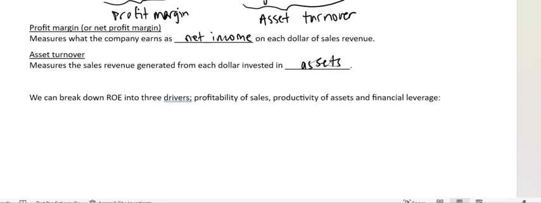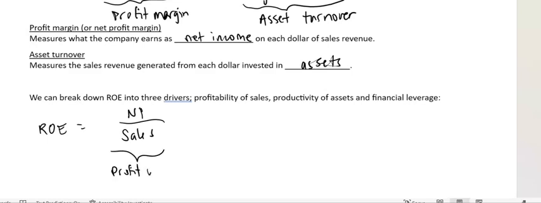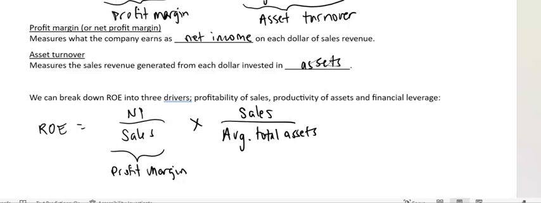So if we put this all together, we can break down ROE into 3 drivers. We can look at ROE as a function of profit margin, how profitable those sales are, multiplied by asset turnover, how efficient are our assets at generating sales, and from earlier, the financial leverage.